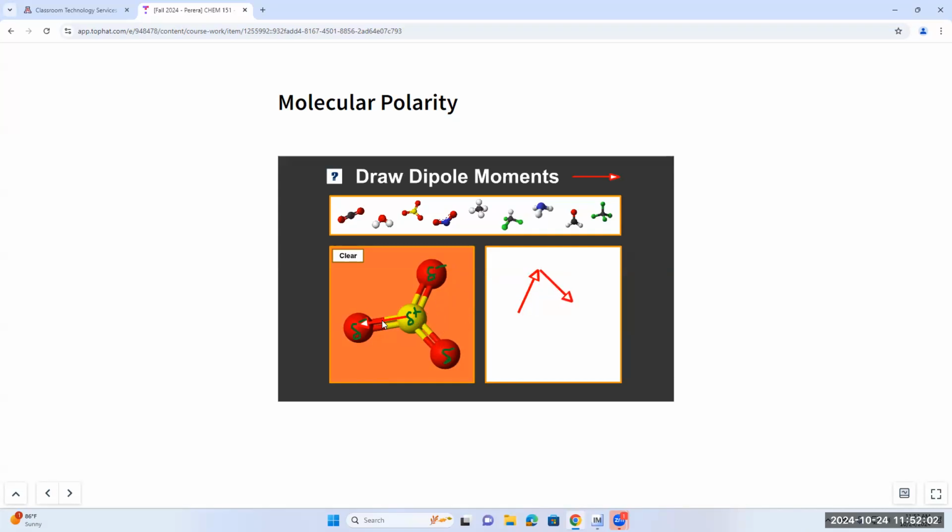Head is kissing the tail, and then here's the third one. All right. You see that we came back to the origin, meaning our net displacement or net vector is 0. Therefore, you slide that down. Mu net is 0. Therefore, SO3 must be non-polar.